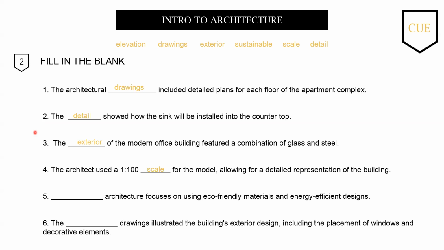Number 5, sustainable architecture focuses on using eco-friendly materials and energy-efficient designs. Number 6, the elevation drawings illustrated the building's exterior design, including the placement of windows and decorative elements.